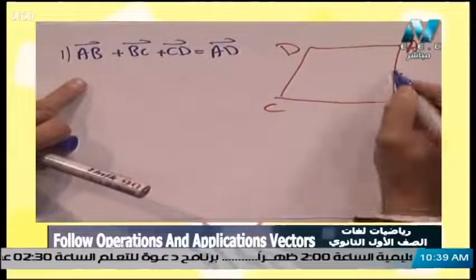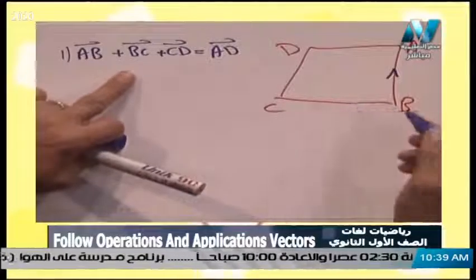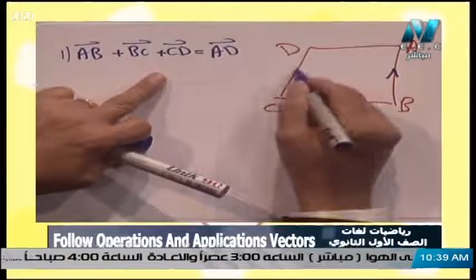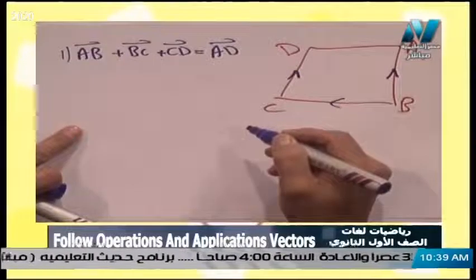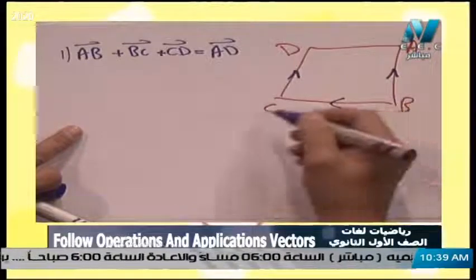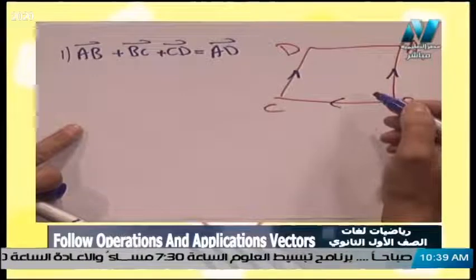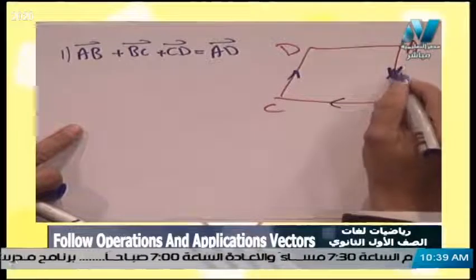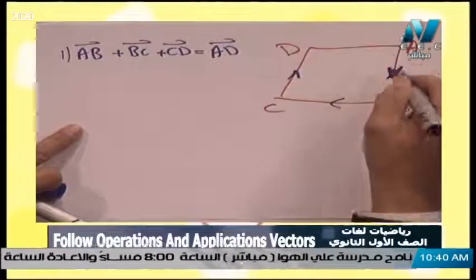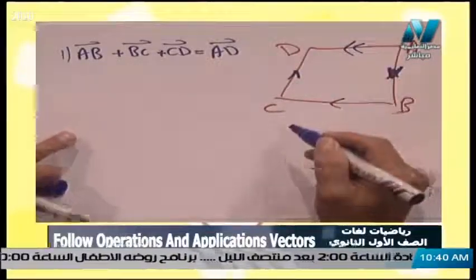AB has this direction, from A to B. BC is this one, and CD is this one. We want to prove that the sum of all of these vectors equals the vector AD.